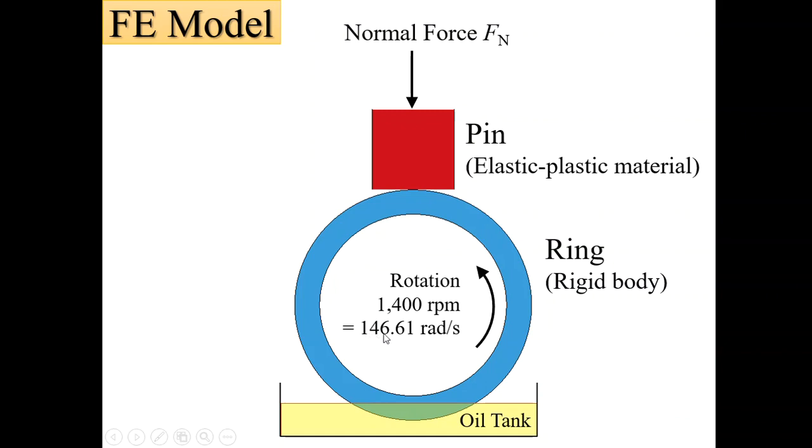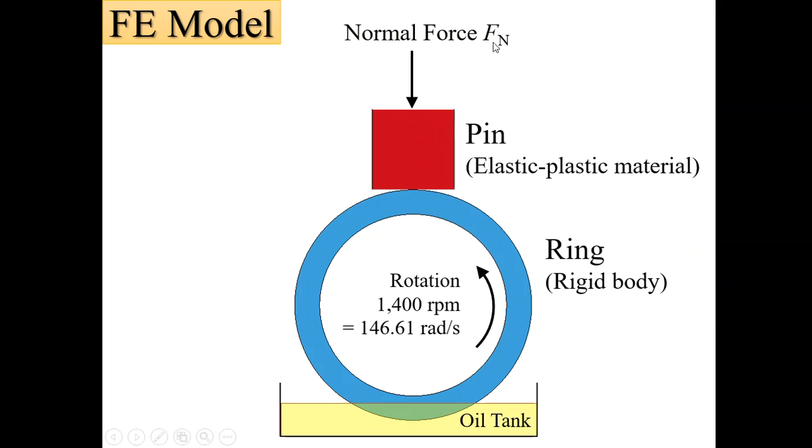We get 146.61. The ring here we treat as a rigid body, which is a non-deformable body, but the pin here is elastic plastic material, so we need to define the stress strain curve of this material.